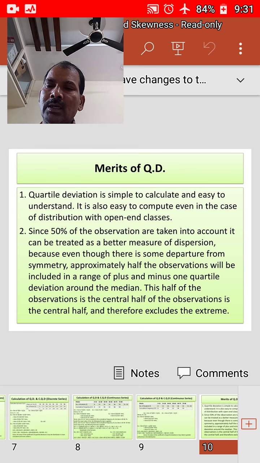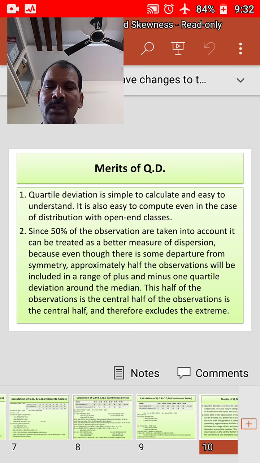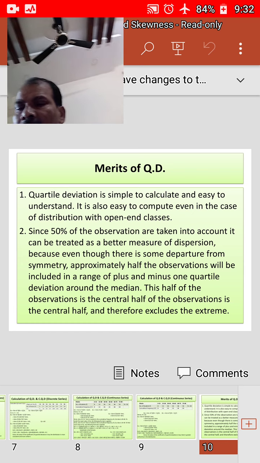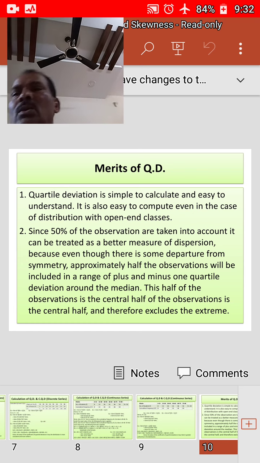Less than 60 you have 356, 356 minus 311 is 45. Less than 70 you have 389, 389 minus 356 is 33. Less than 80 you have 420, 420 minus 389 you get 31. In the same manner you form the frequencies, and the procedure is the same as you know.